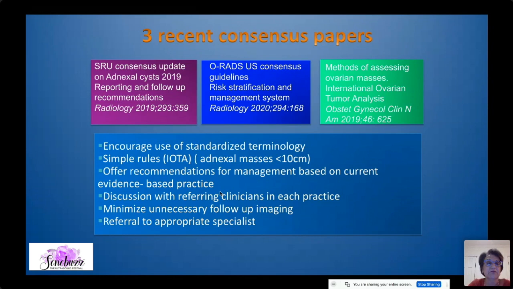Because that will allow you to offer recommendation for management based on current evidence-based practice. Of course, we do that after discussion with the referring clinicians, but that will allow us to minimize unnecessary follow-up imaging and also referral to the appropriate specialist.